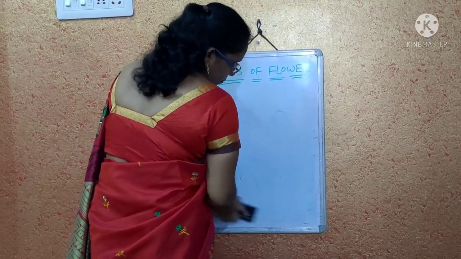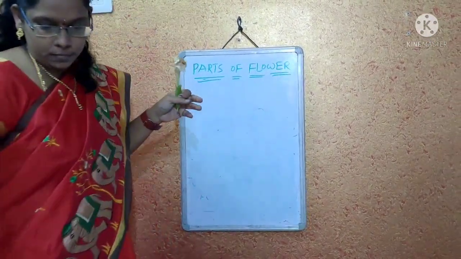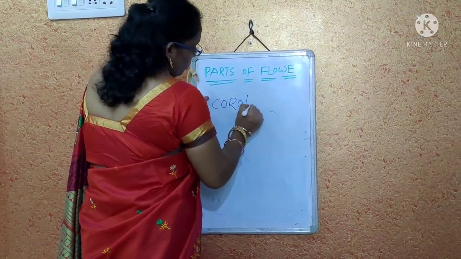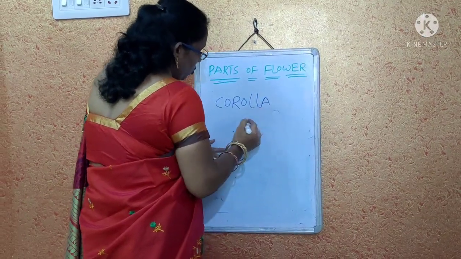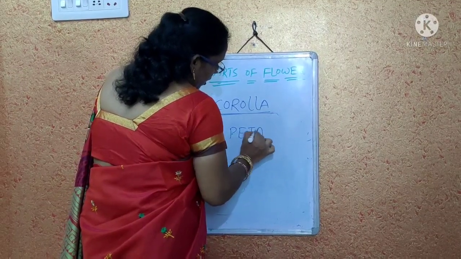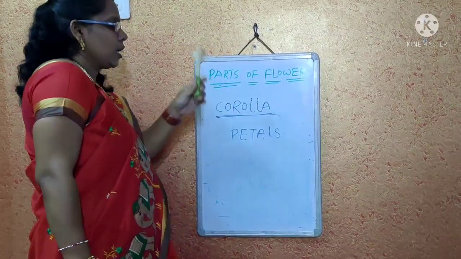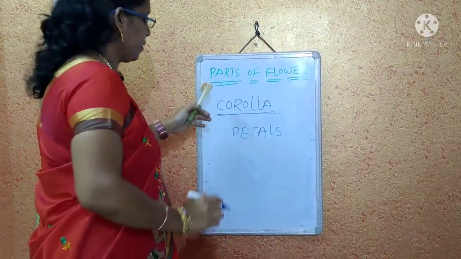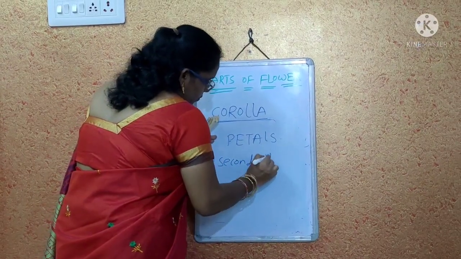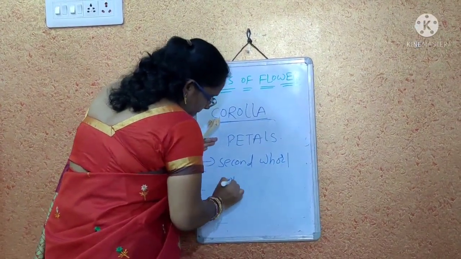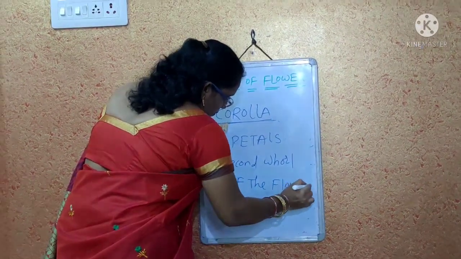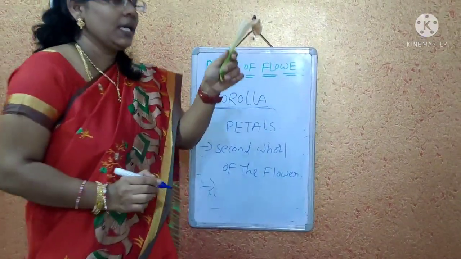Next, corolla. Also known as petals. Second whorl of the flower. White in color. Which color, children?